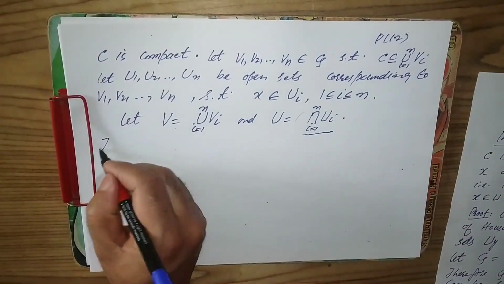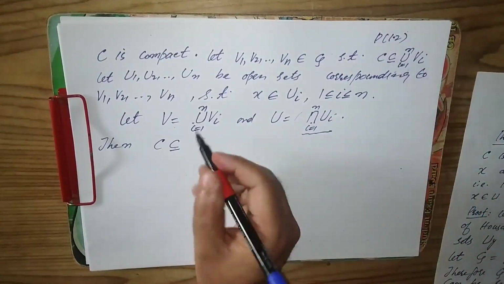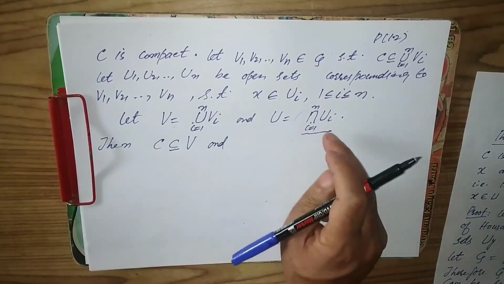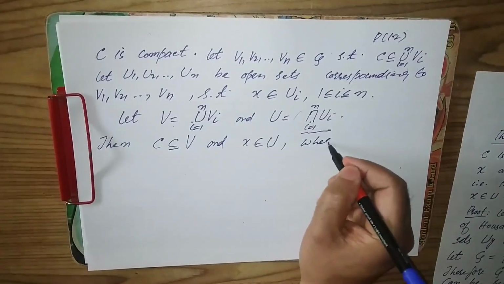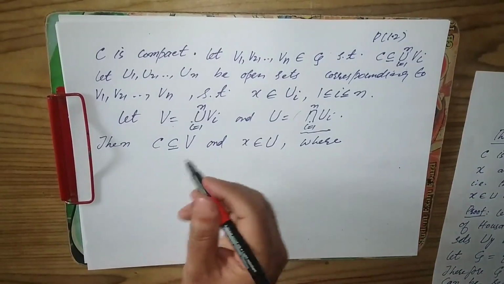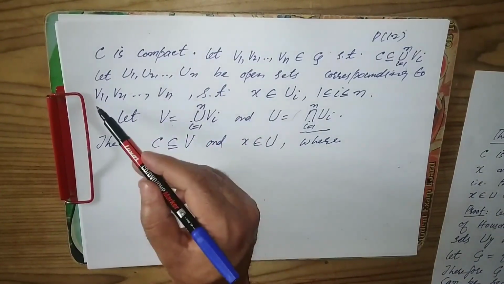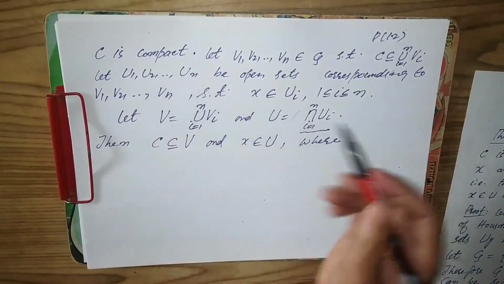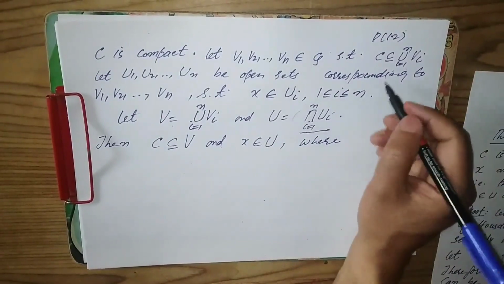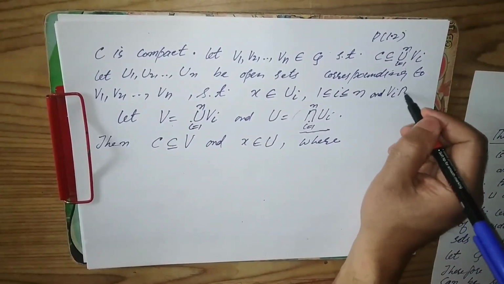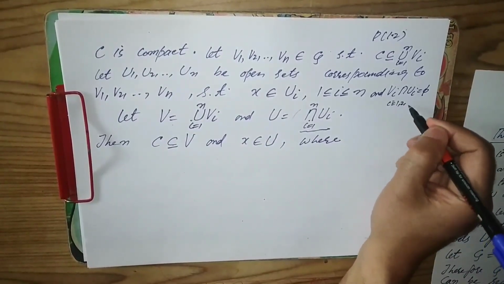Then this C is a subset of the union of Vi, so it is a subset of V, and x belongs to each Ui, so that means x belongs to U. And they are also disjoint: V1, U1 are disjoint sets, V2, U2, and so on, such that x belongs to Ui, 1 less or equal to i less or equal to n, and Vi intersection Ui is phi for i runs from 1 up to n.